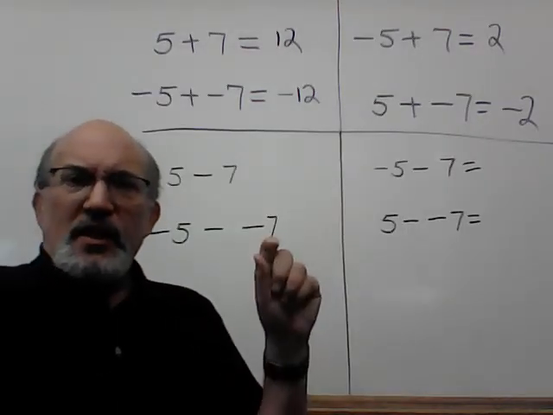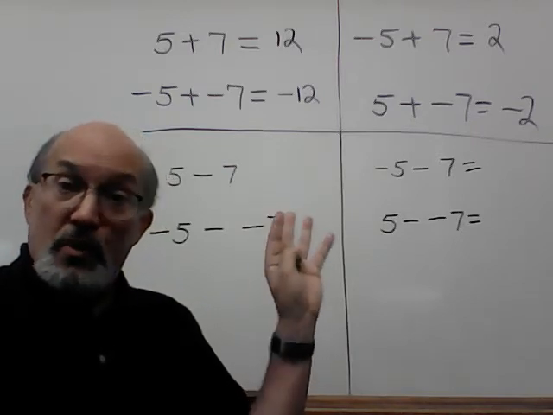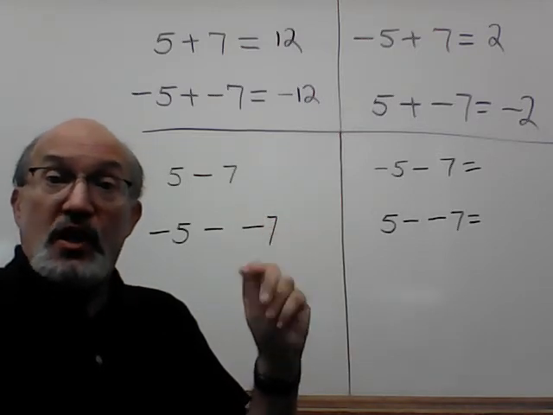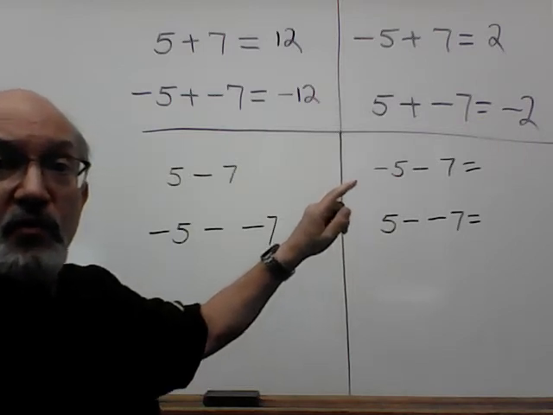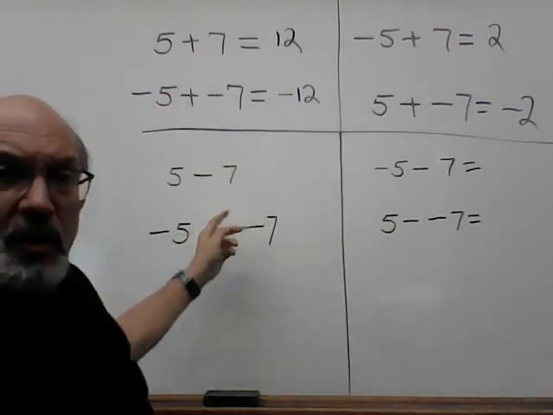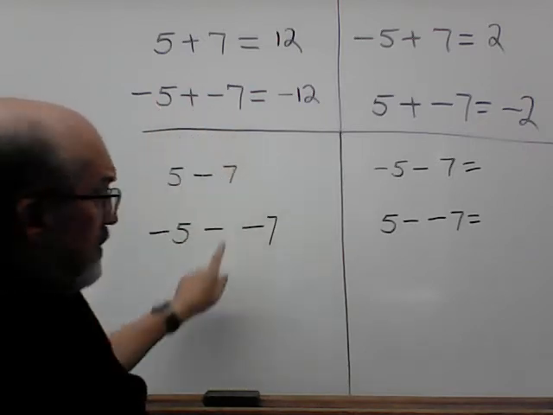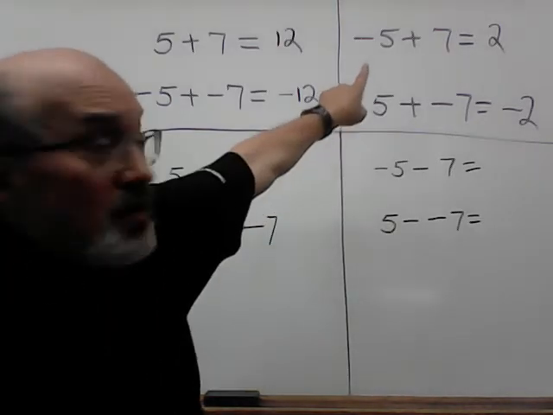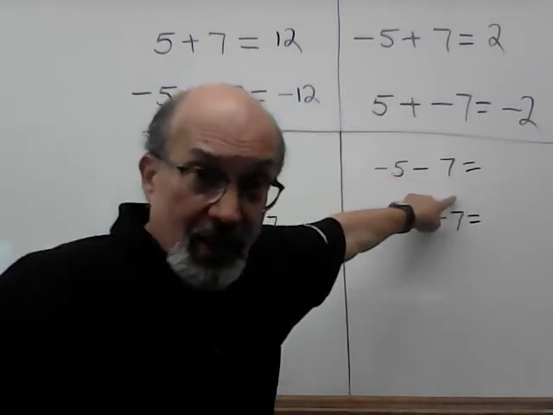Please notice what I did here. I took each of the additions above and replaced that addition sign with a subtraction sign. So instead of 5 plus 7, we have 5 minus 7. And instead of -5 plus -7, we have -5 minus -7. Instead of -5 plus 7, we have -5 minus 7.